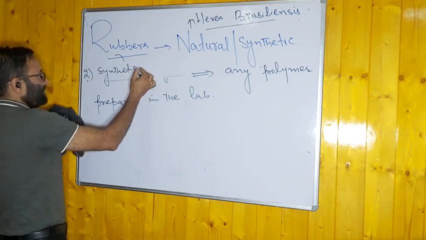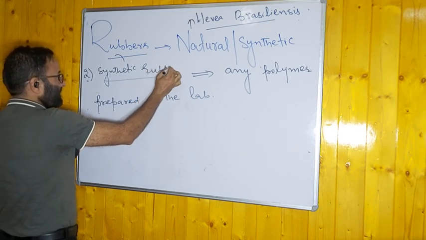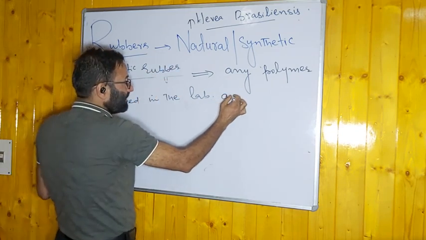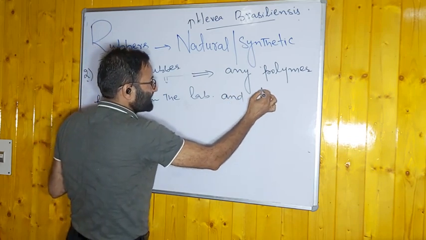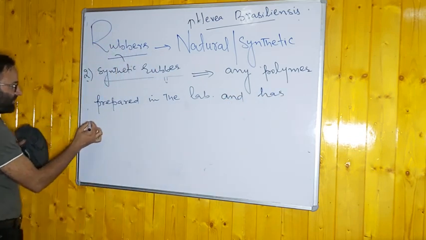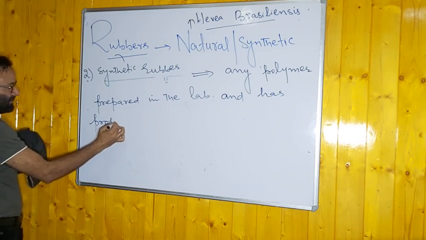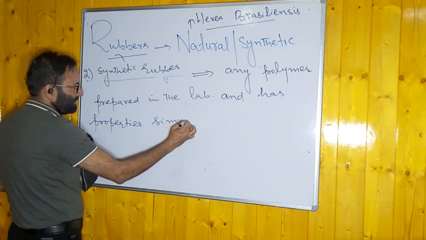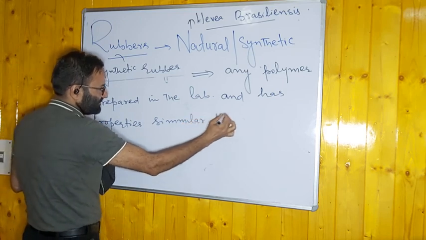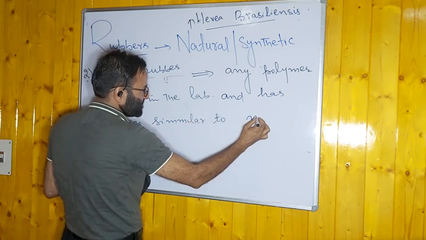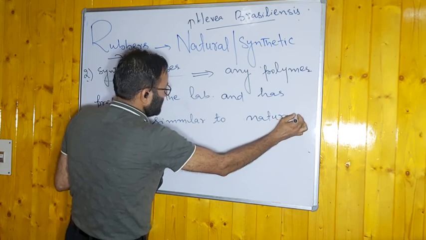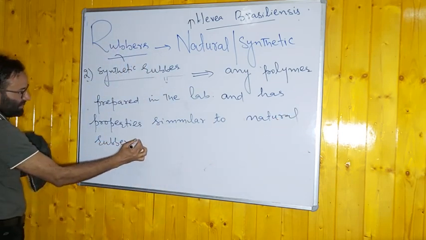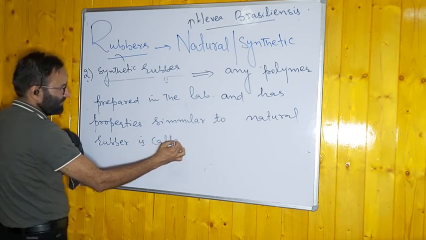How can you define synthetic rubbers? Any polymer prepared in the lab and having properties similar to natural rubber is called a synthetic rubber.